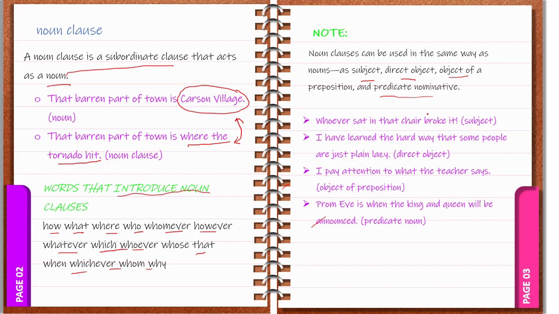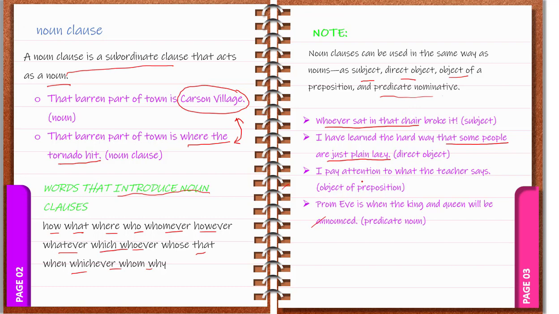As a subject, an example is here. Whoever sat in that chair broke it. Whoever sat in that chair. As a direct object, I have learned the hard way that some people are just plain lazy. That some people are just plain lazy.